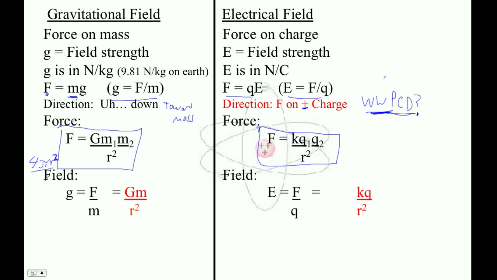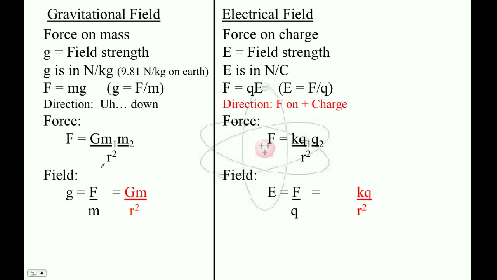Then the field: if g is F over m, and I take this force and divide by one of the masses, then I get Gm over r squared, so one of those masses would cancel. Again, if I divide this by one of the charges, I get force divided by charge, and that gives the electric field. So that's why you've got these formulas here.